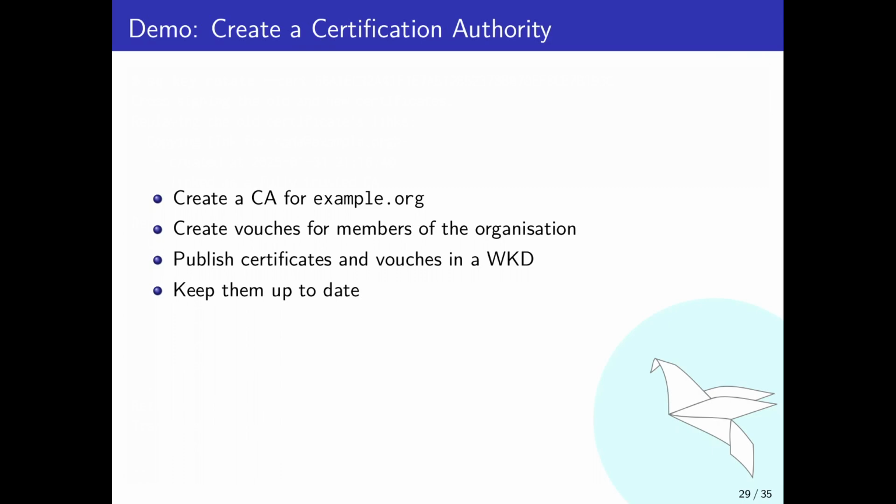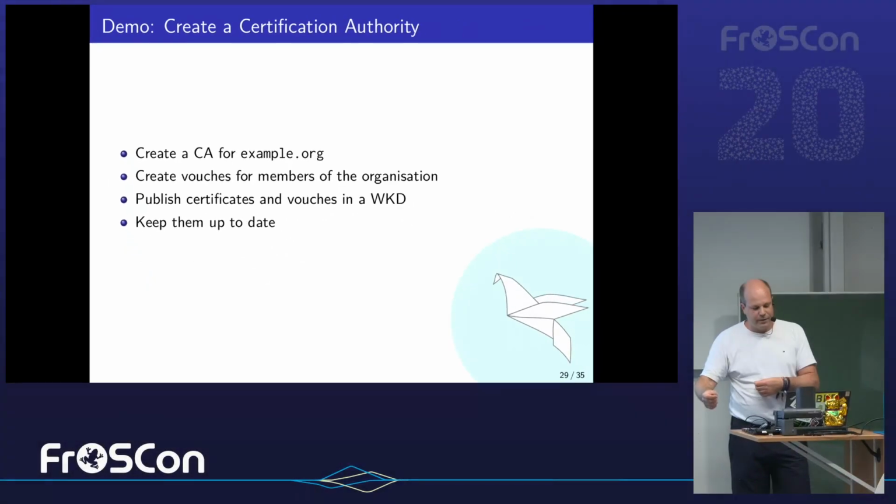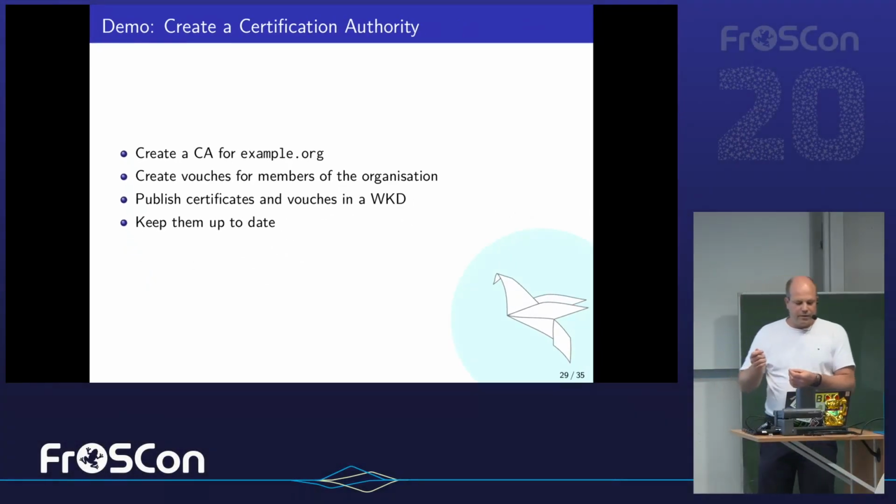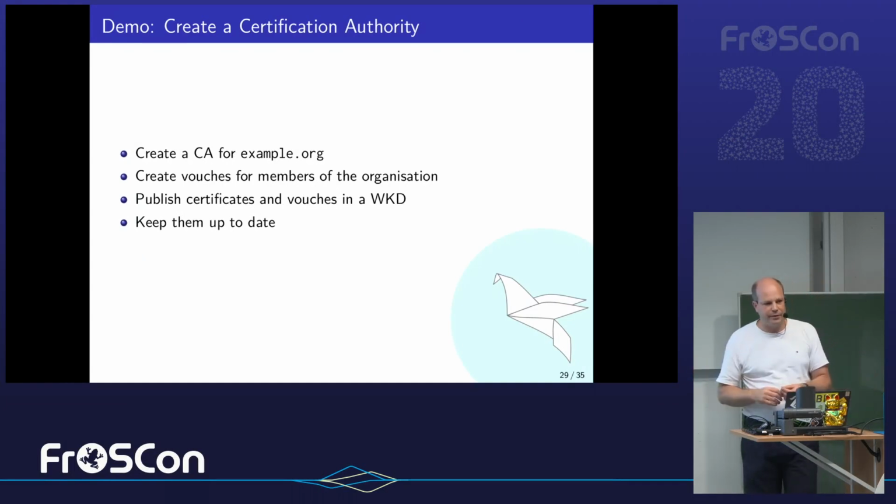Okay. So how exactly does that look? We want to create vouchers for members of the organization. That means that you have an admin inside of the organization, somebody who's trusted. They go around and they collect the certificates from everybody, and they go to the CA and they enter all of the data. And this is an O(n) operation, right? The admin has to go talk to each individual employee. So O(n), that's not so great. But the alternative is if you're inside of the organization, it's O(n squared), right?